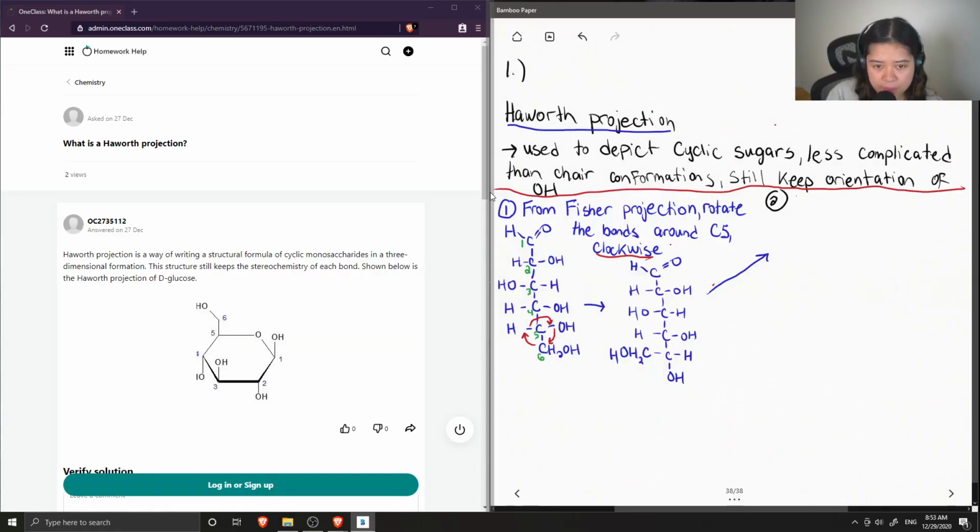Okay, so step 2 is to turn the whole molecule clockwise on its side.